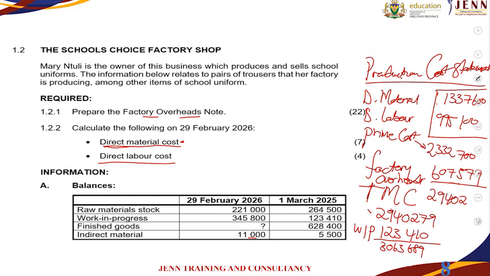Now, when you calculate it, when you add them together, it will be 30,636,689. And then from there, we need to have work in progress at end. And this is the only amount that must be subtracted. Now, when you go to our information, it says work in progress at the end is going to be 345,800. Now, we put it inside the bracket because why?